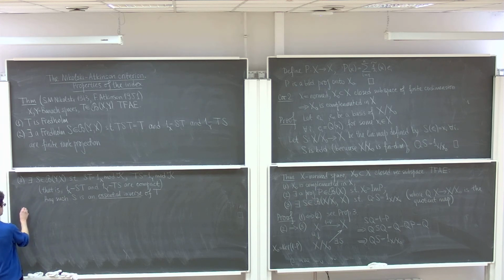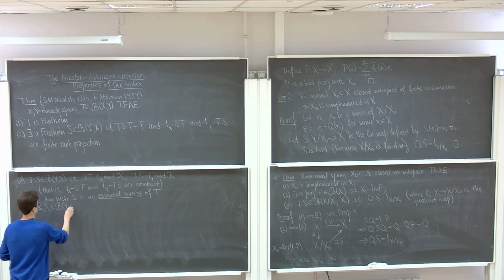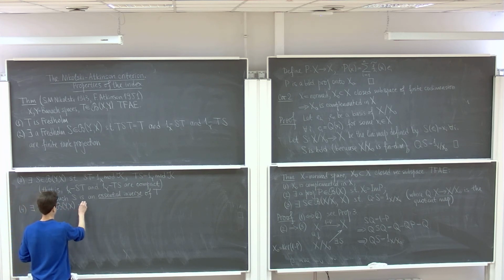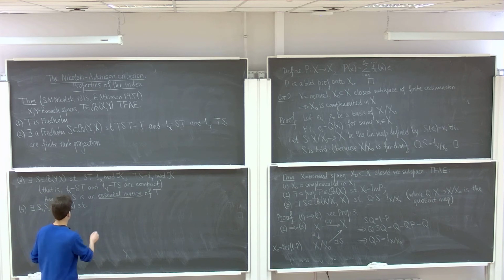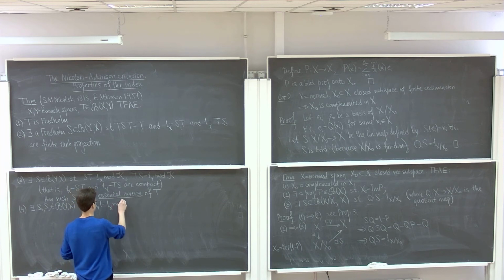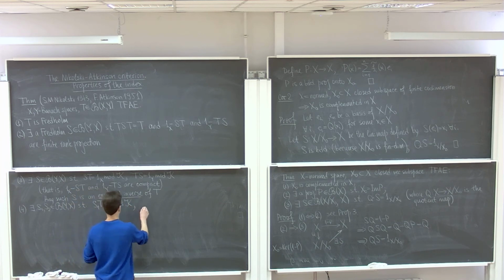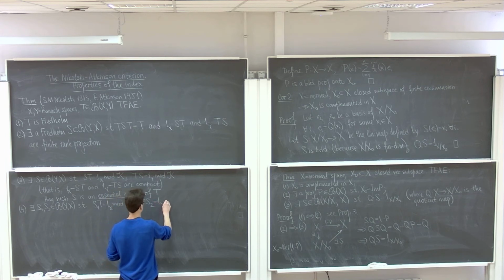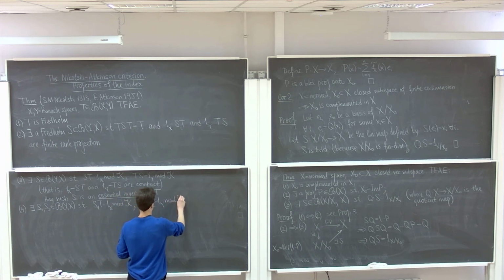Property 4: there exist two operators, S1 and S2, from Y to X, such that S1T is the identity map of X modulo the compact operators, and TS2 is the identity map of Y modulo the compact operators.